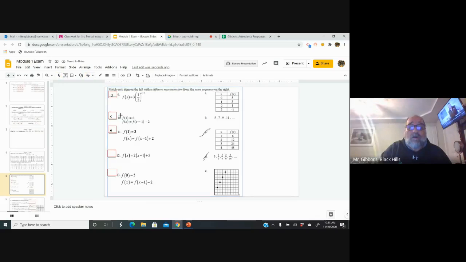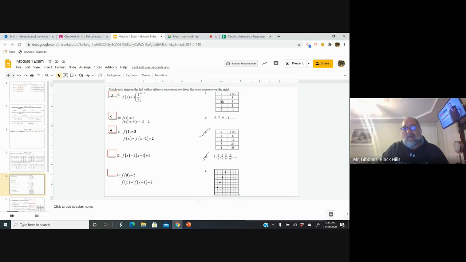So scribble, you're done. And now I just have 2 more models to work with over there. All right, so this is explicit. 2 times the quantity x minus 1 plus 5. Now that tells me that my first x is going to be a 1 and that my first f of 1 is going to be a 5. So I'm looking for 1, 5.